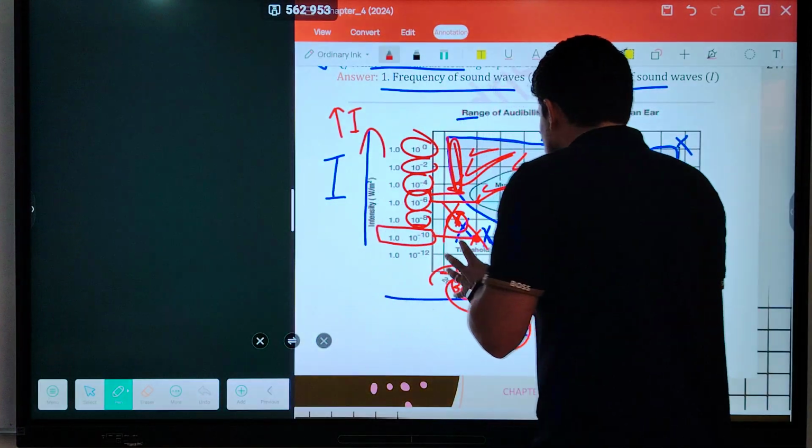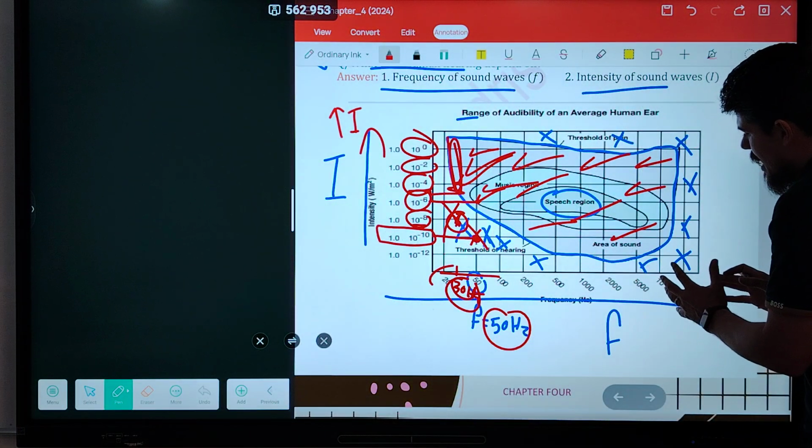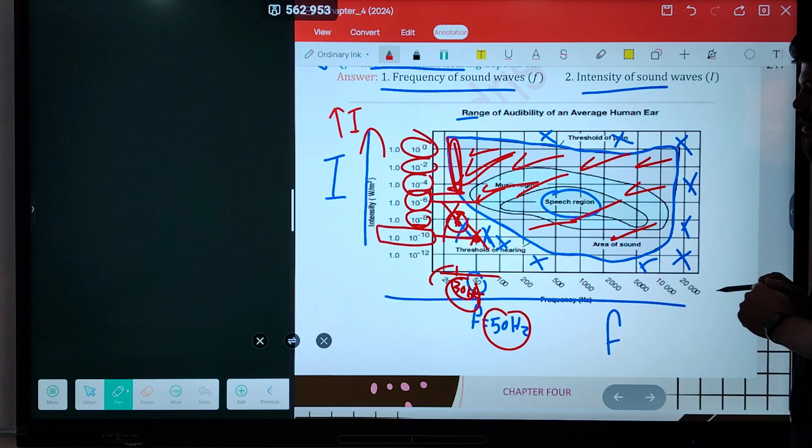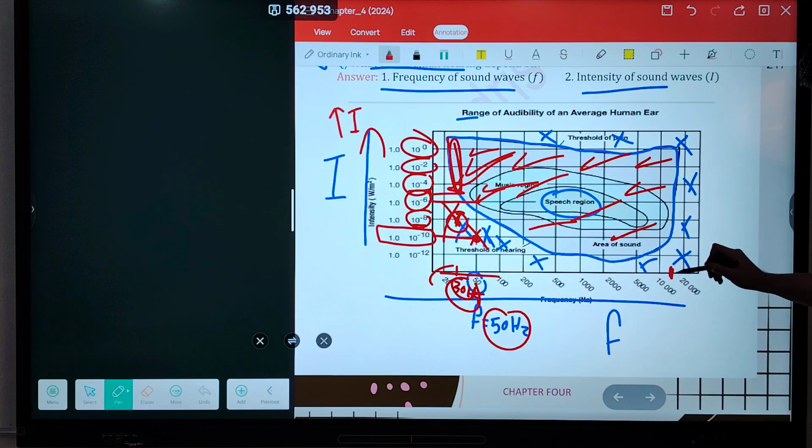Guys, the same thing is true for the high frequency. Look at the high frequency, more than 12,000 hertz. Assume that this is 12,000 hertz. At 12,000 hertz, when can the sound be heard?